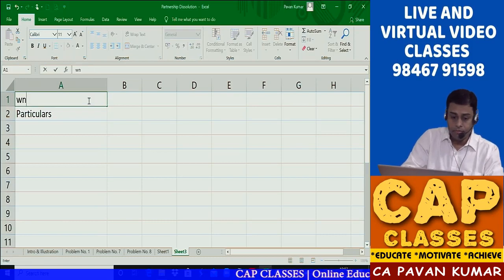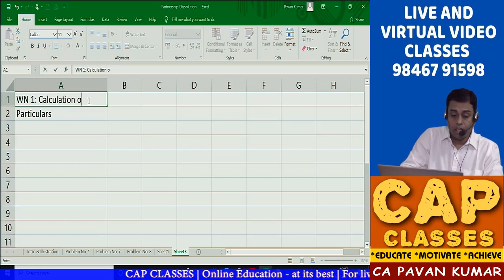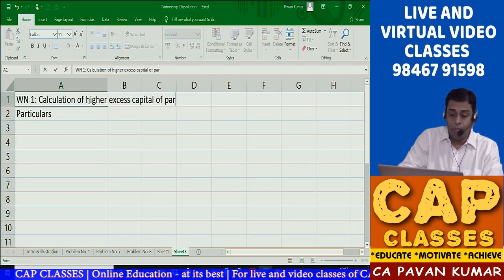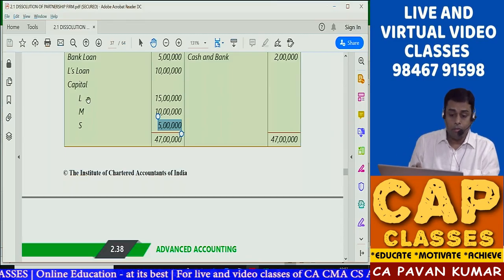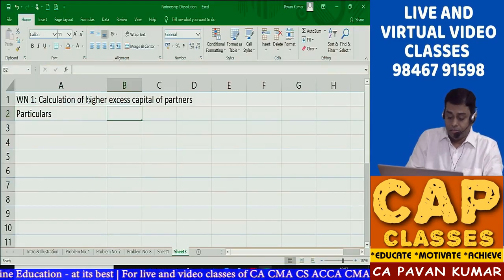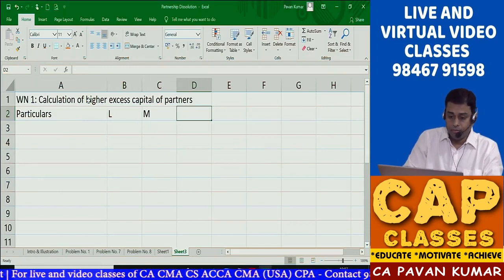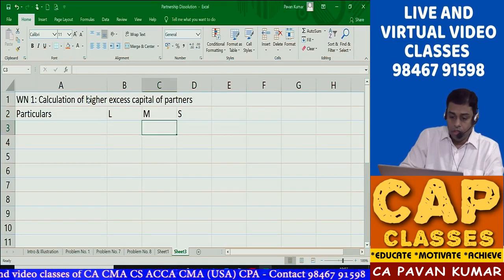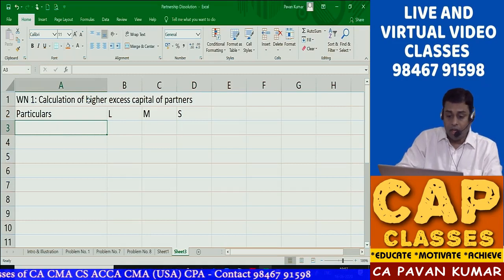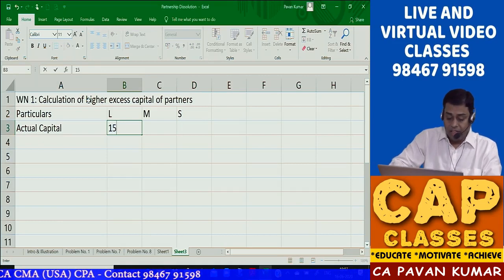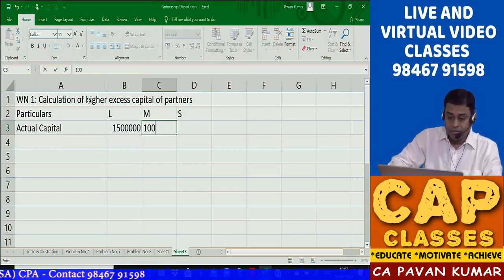Working note 1: calculation of higher excess capital of partners. Partners L, M, S. Actual capital is 15 lakhs, 10 lakhs, 5 lakhs.